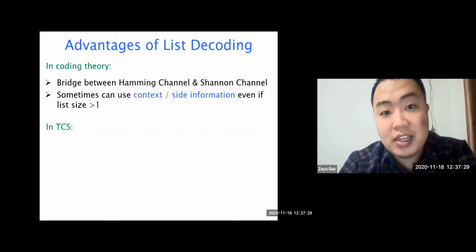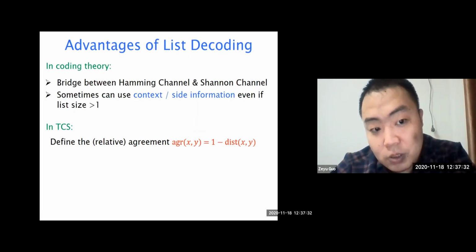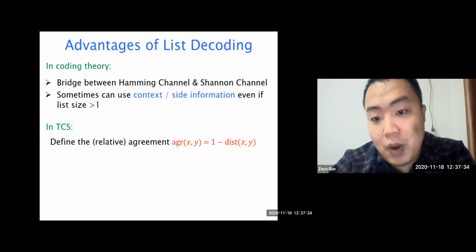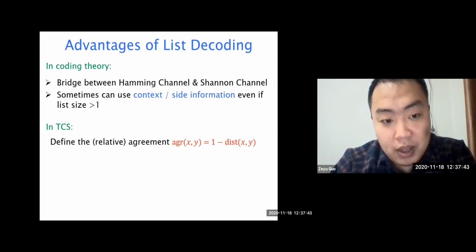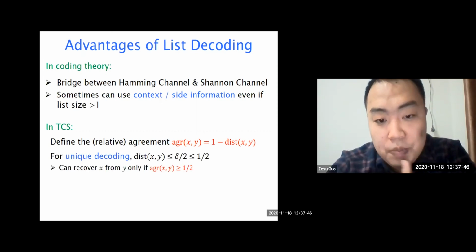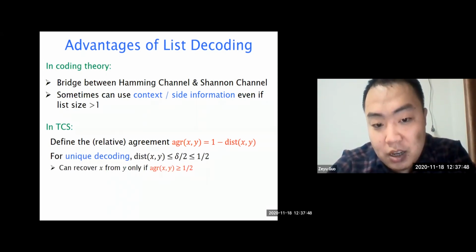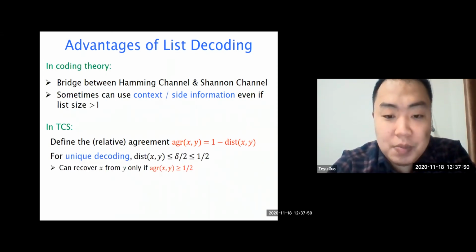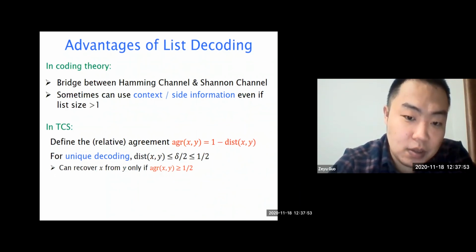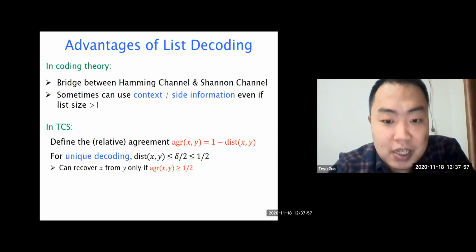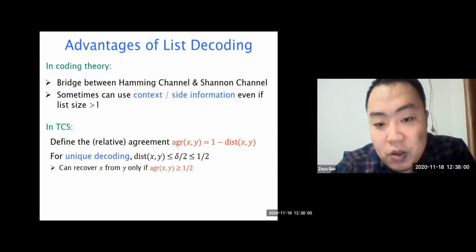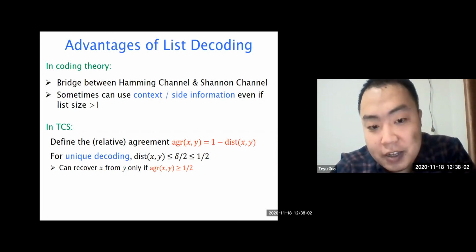Here's the intuition for why list decoding is useful in TCS. Suppose we define the relative agreement to be 1 minus the distance, the fraction of coordinates where x and y agree. For unique decoding, we have seen that the distance between x and y has to be bounded by half of the minimum distance in order for x to be unique.